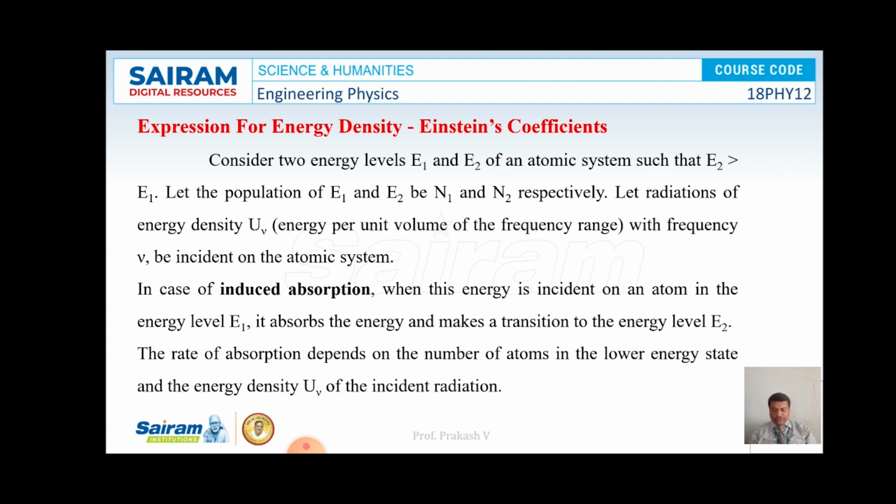In case of induced absorption, the atom at E1 level transits to E2 level. The number of such absorptions made per second per unit volume is called the rate of induced absorption.